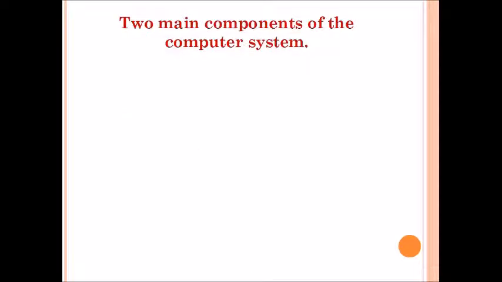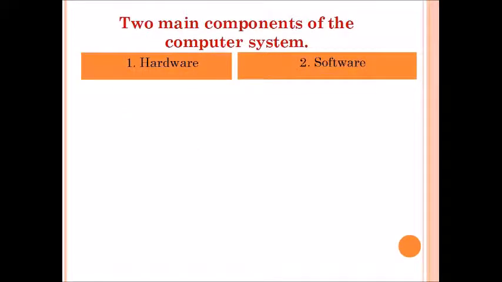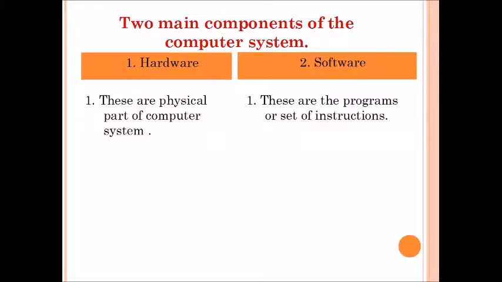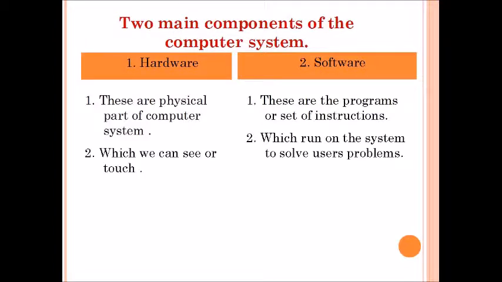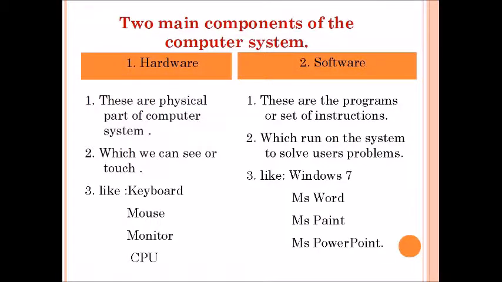The two main components of a computer system: the first is hardware and the second is software. The hardware is the physical parts of the computer system, and the software is the program or set of instructions. Hardware can be seen or touched, and software runs on the system to solve user problems.